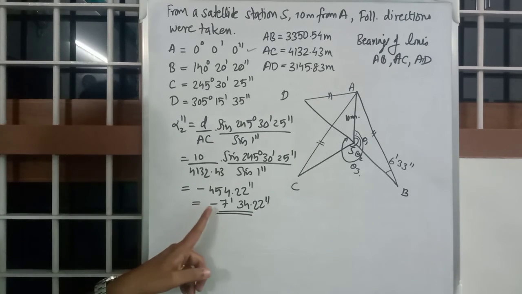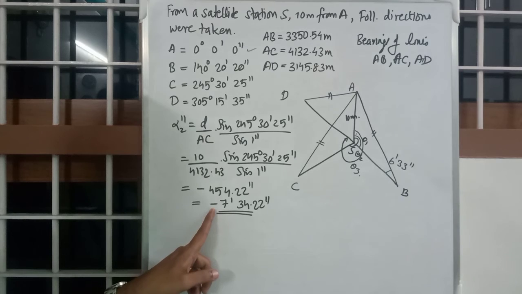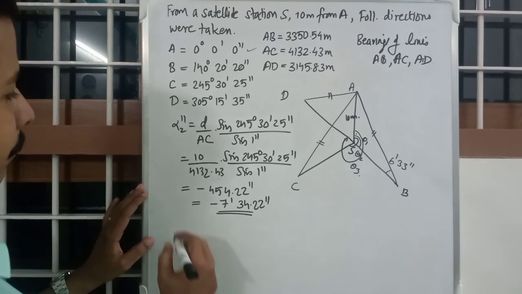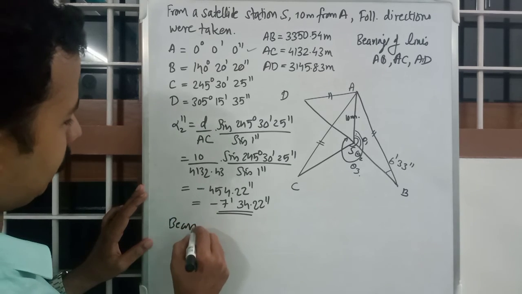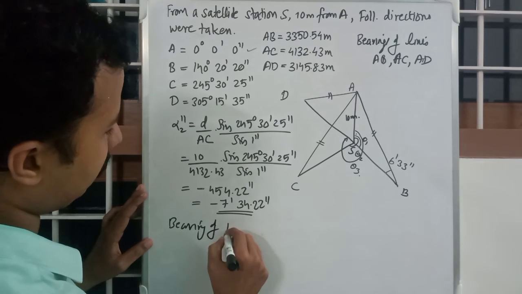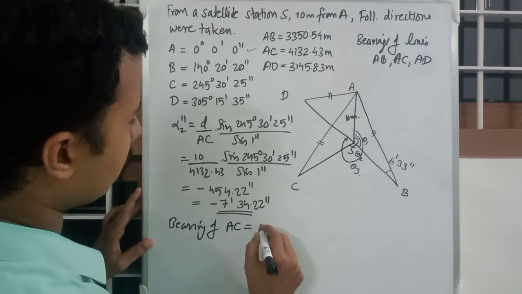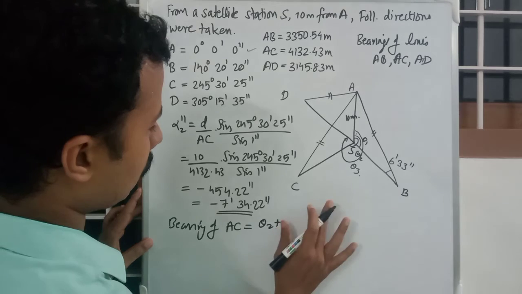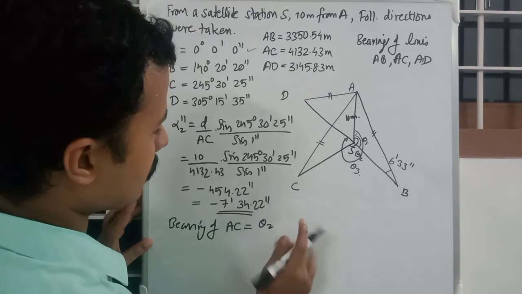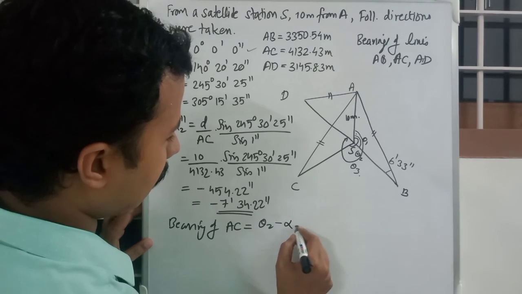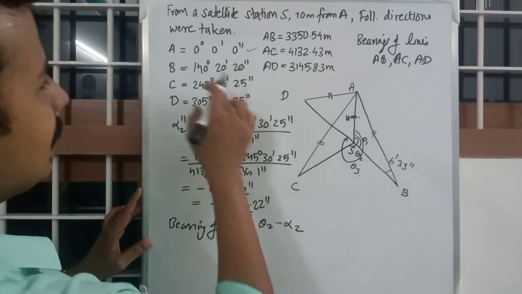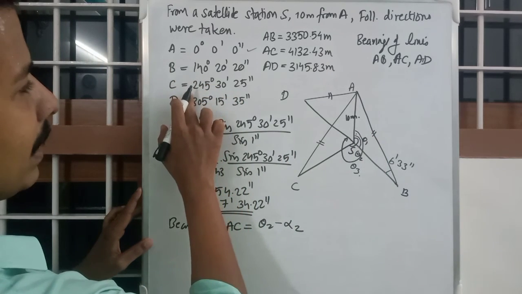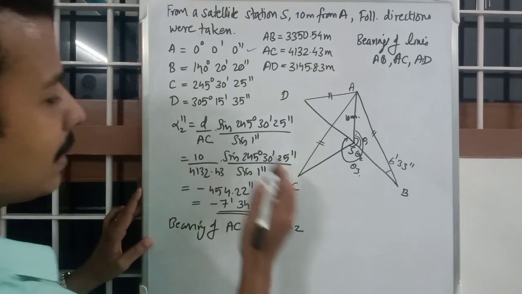You have got the sign as negative, don't mind that. So the bearing of AC is equal to theta 2 minus, not plus, minus alpha 2, because it is greater than 180 degrees. 245 is greater than 180 degrees.